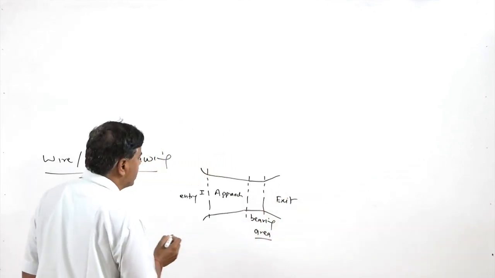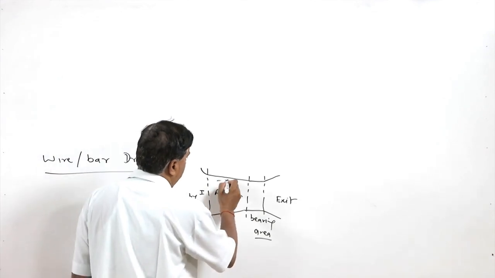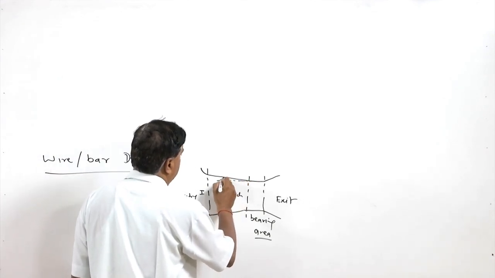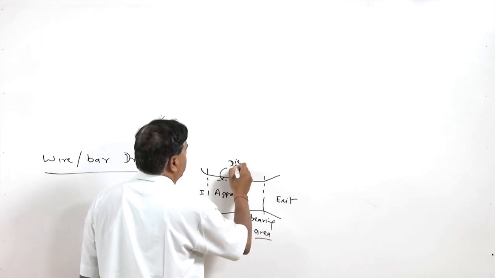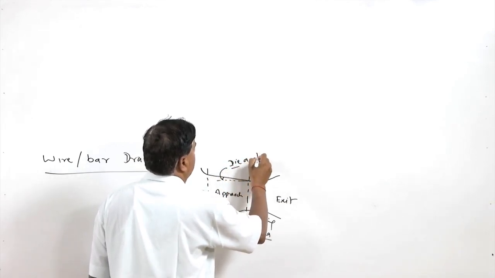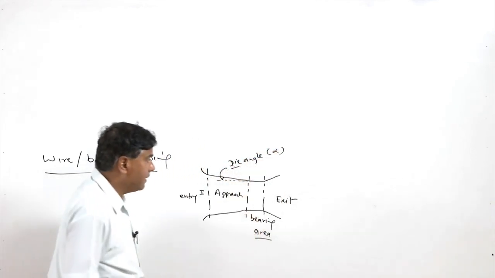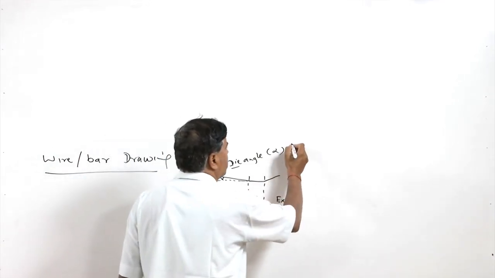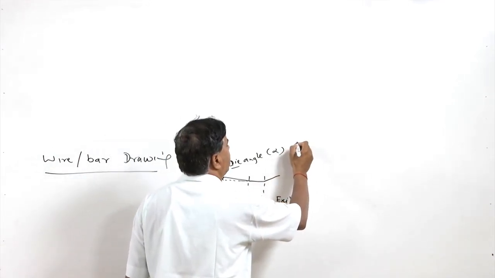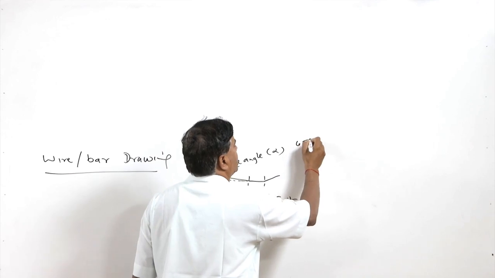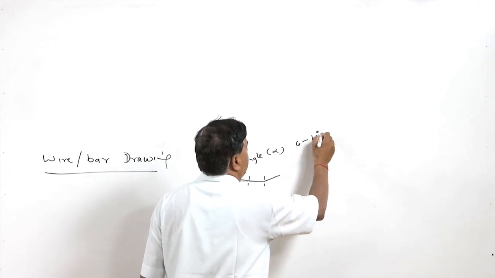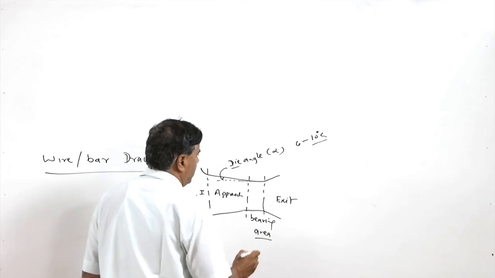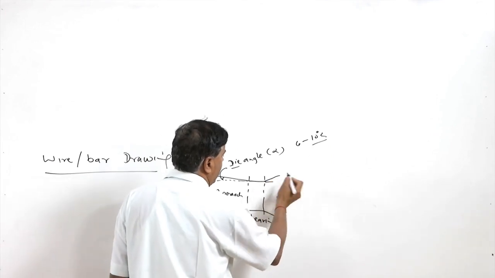and this is the exit zone. There are different angles. This is one angle which is called the die angle, normally represented by alpha, and its value mostly varies from 6 to 10 degrees. And here this is the exit.